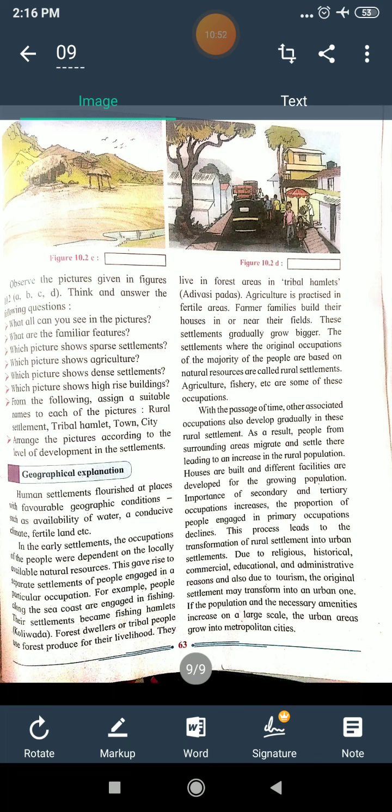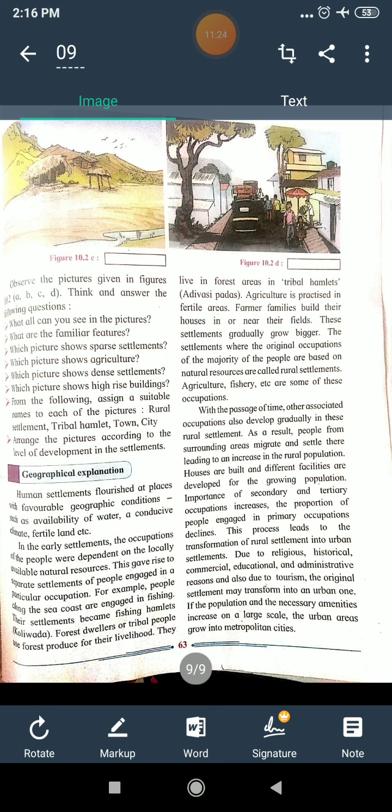Only those rural settlements will turn into urban areas where there is good development in the commercial, religious, historical, educational, and administrative spheres. When all this progress is there, only then will that area turn into an urban area. And also if that area becomes good for tourism, the original settlement will be transformed into an urban one if all the developments are achieved.